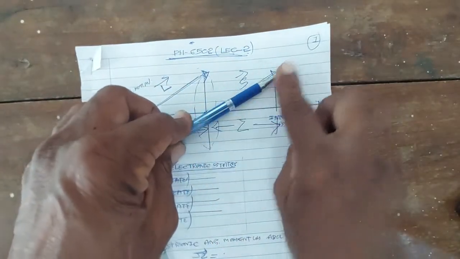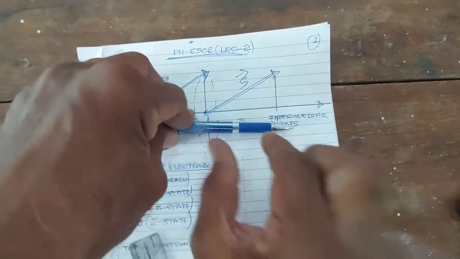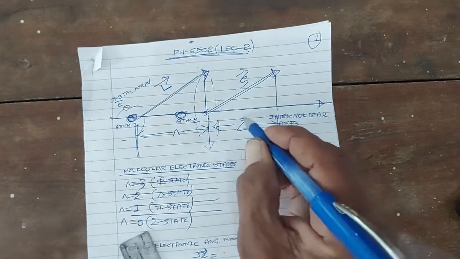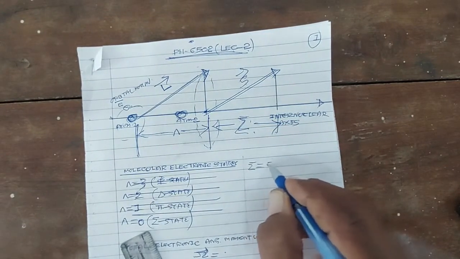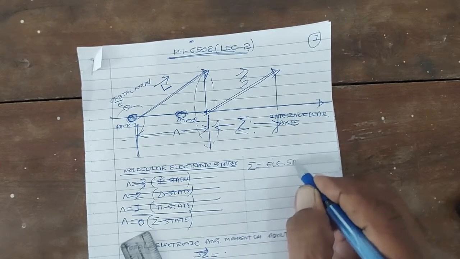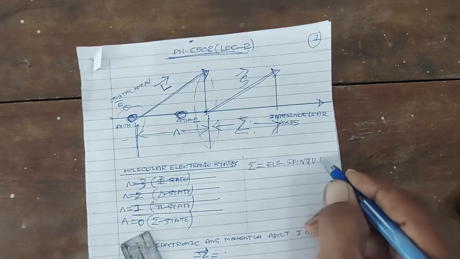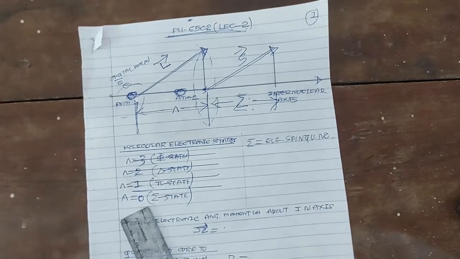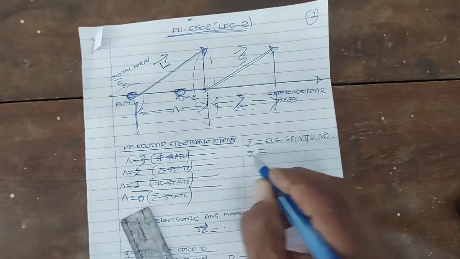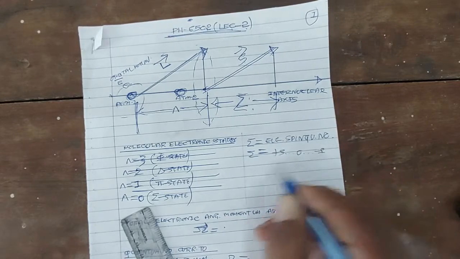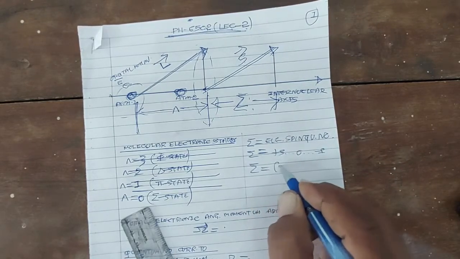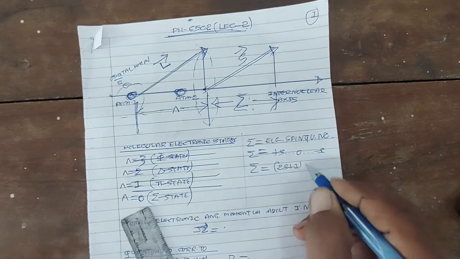Sigma is called the electronic spin quantum number. It has values from plus S to minus S, so the total number of values of sigma will be 2S plus 1.